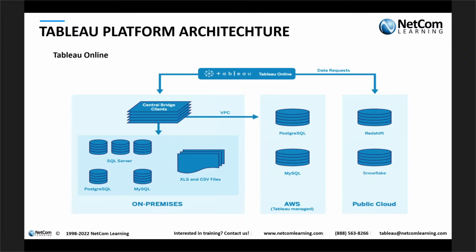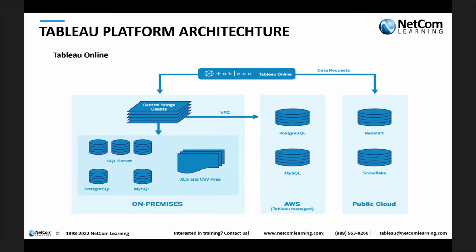Next is how Tableau Online really works for you. Whether you're working with information that resides in SQL Server, MySQL, XLS files, CSV files, or PostgreSQL databases, whether on-premise systems or on your cloud services, you can bring all of that information in.